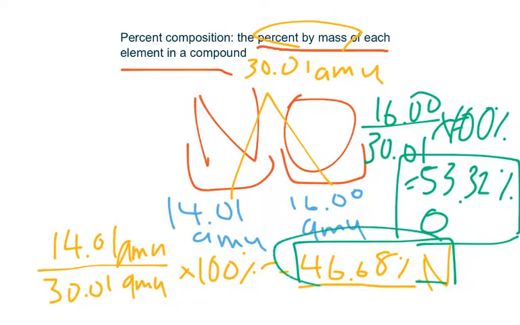These numbers are just averages, because remember, the average atomic mass is taking the average of all the isotopes of an element and taking the weighted average of it. So this is not an exact percentage for each and every single individual molecule of NO.